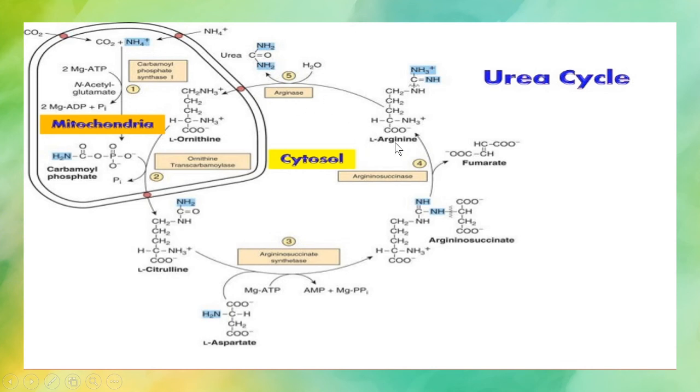Hence, arginine is also known as a semi-essential amino acid: though it is synthesized in the body, it is not available for protein synthesis. Ornithine is regenerated in this step as the urea cycle is completed by the formation of urea.